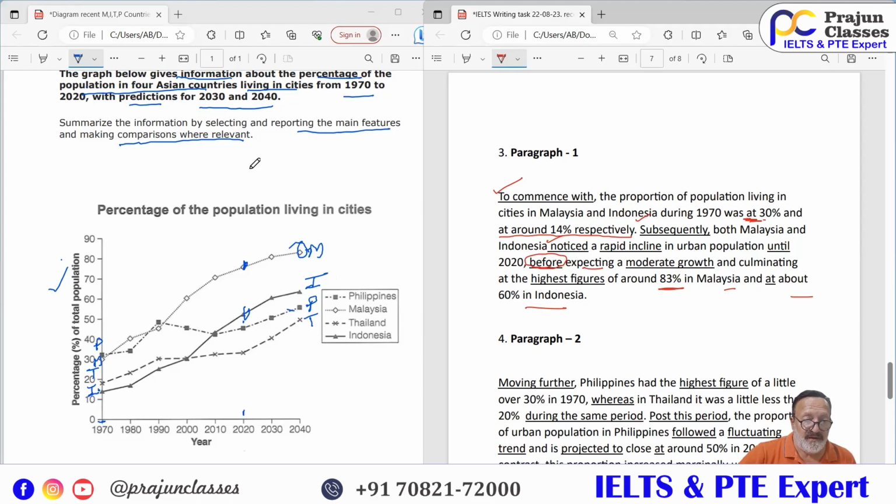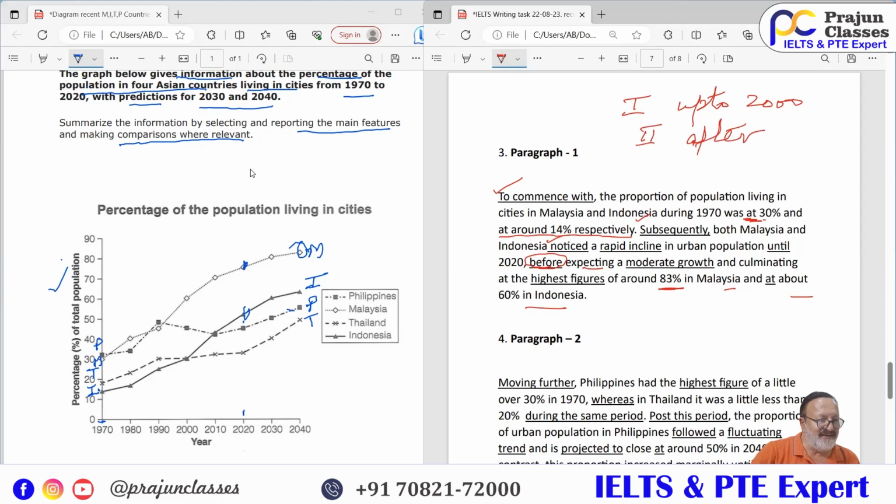Okay, now one more thing, that you can divide your two paras in two manners. One is I could have reported all four up till 2000, and then in the second para reported after 2000. So in the first para I report up to 2000, I divide the years, and the second para I report after 2000.